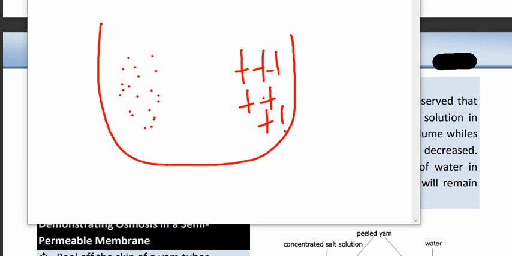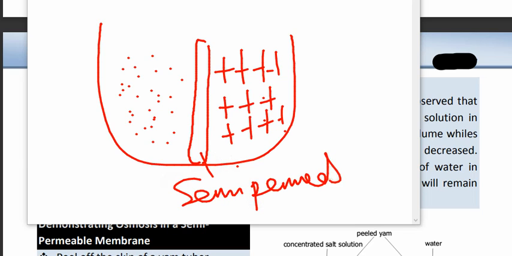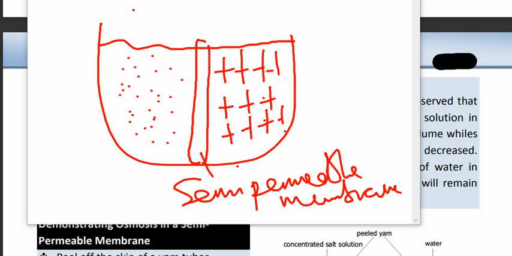The plus symbolizes solute and the dot symbolizes water molecules or solvent. This one in the middle here is the semi-permeable membrane. Now, this is solution A, this is solution B.